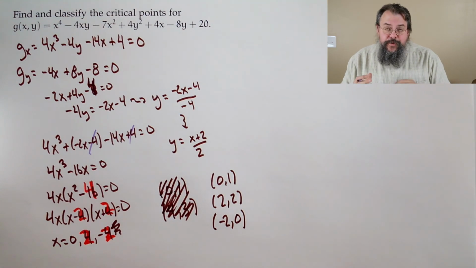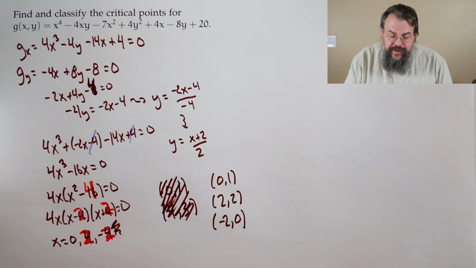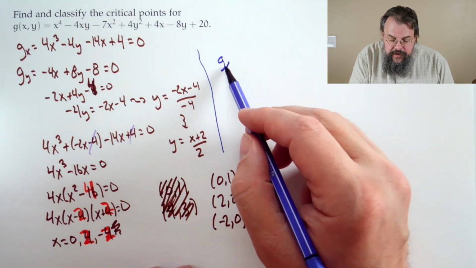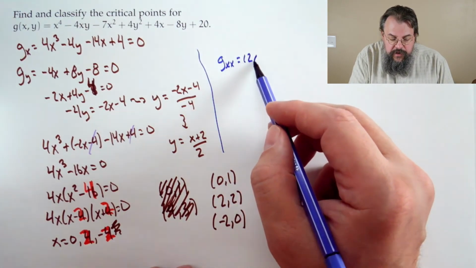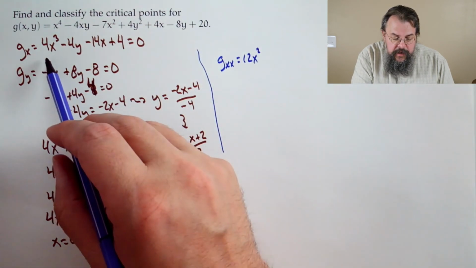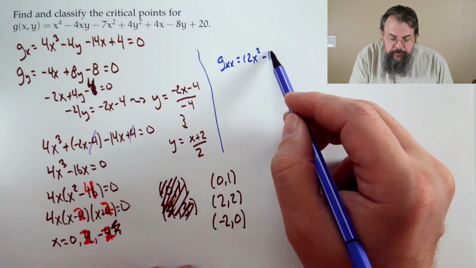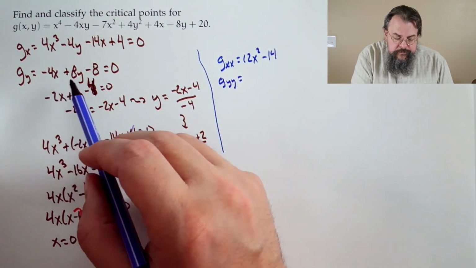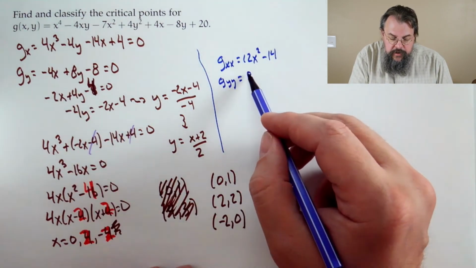Now, switching into classification. So we need to have our derivatives. Gxx, 12x squared, and minus 14. Gyy, well, 8. That's pretty easy.